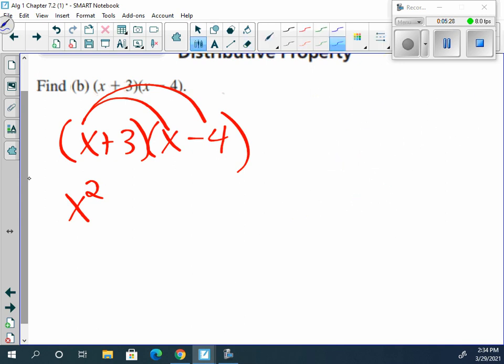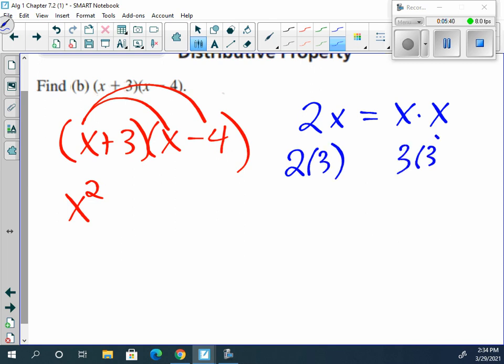Let's try 3. So we're wanting to see, is 2x the same as x times x? So with 2 it works. Let's try 3. 2 times 3 is 6, but 3 times 3 is 9. So that's where it's different. With 2 it worked out because 2 and 2 is the same.